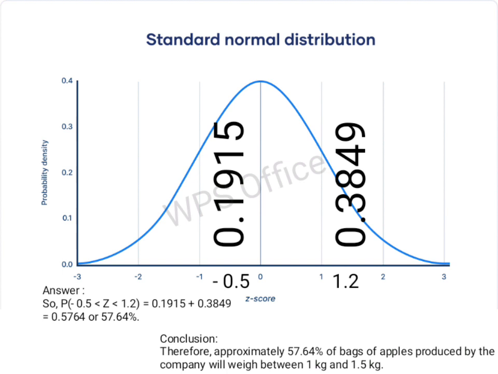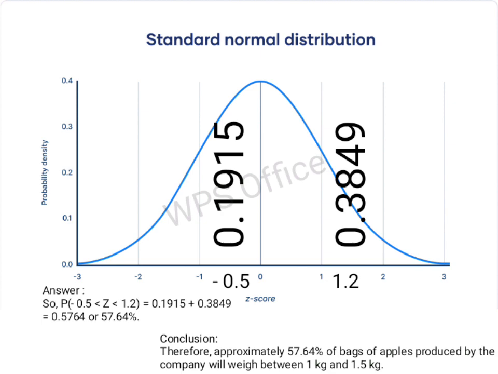That will be our probability density. We put the negative side on the left of 0, which is 0.1915. Then the positive side will be 1.2, 0.3849. Our conclusion is, therefore, approximately 57.64% of bags of apples produced by the company will weigh between 1 kg and 1.5 kg.